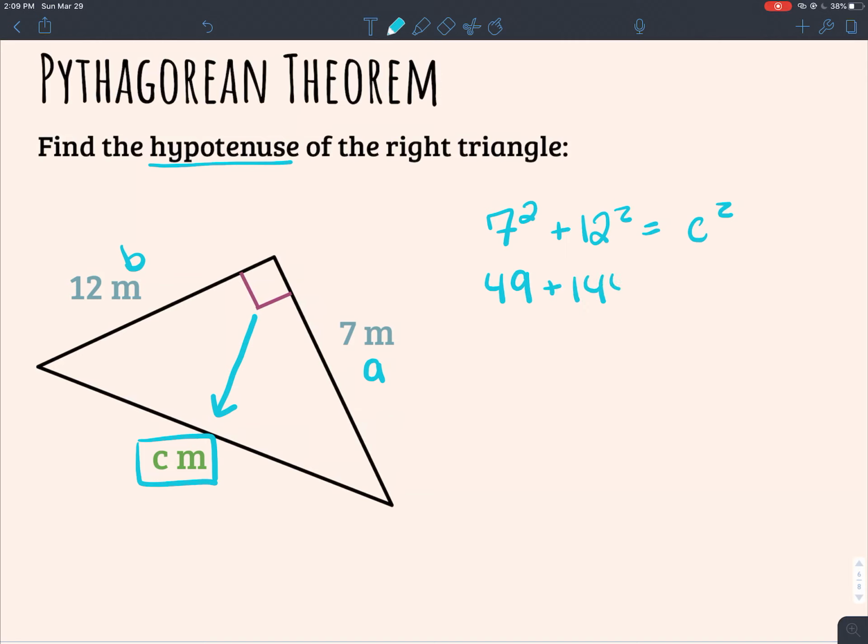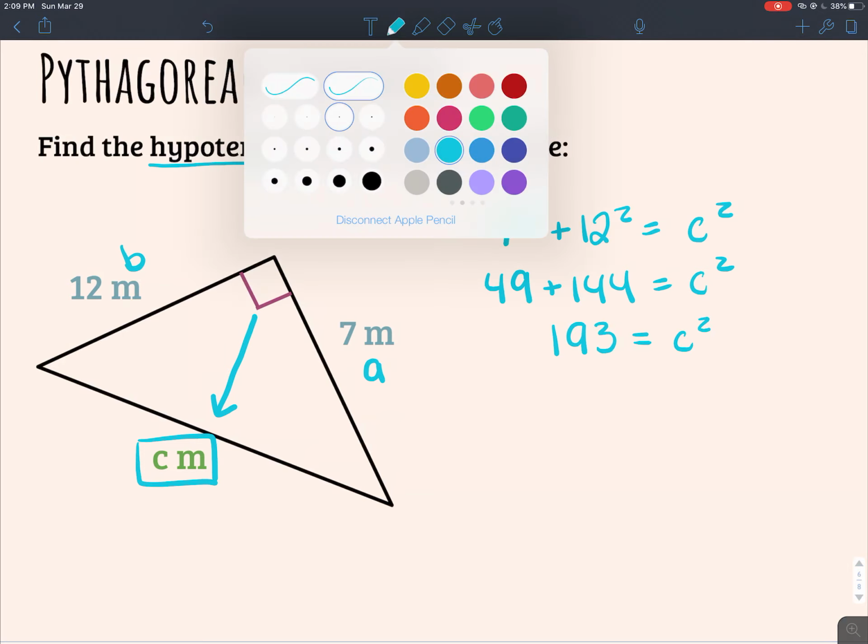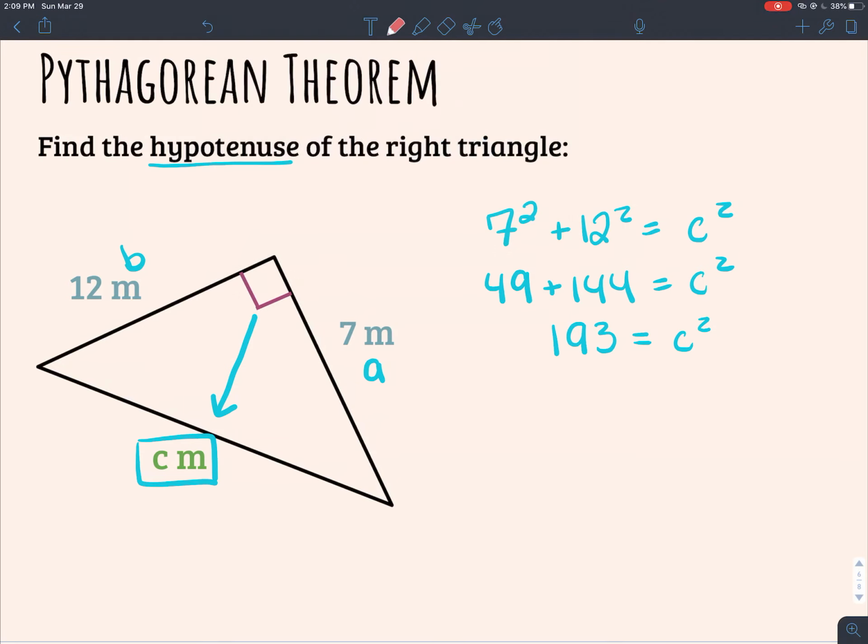12 squared gives us 144. And then we're left with c squared. If we add these together, we're going to get 193 is equal to c squared. And then we have to do that handy dandy trick about taking the square root. And notice I'm doing it to both sides.